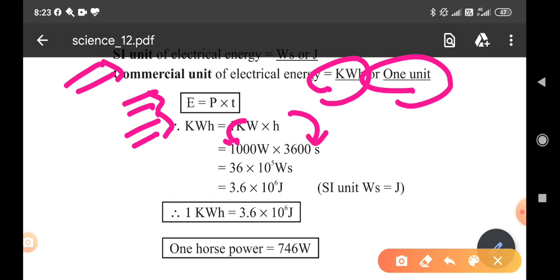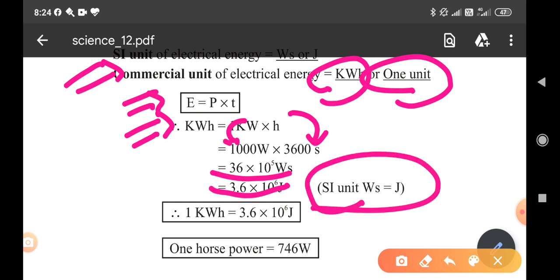On solving this, we get 3.6 into 10 to the power 6 watt second, or 3.6 into 10 to the power 6 joule, because 1 watt second equals 1 joule. Therefore, 1 kilowatt hour equals 3.6 into 10 to the power 6 joule. Another unit is 1 horsepower equals 746 watt.